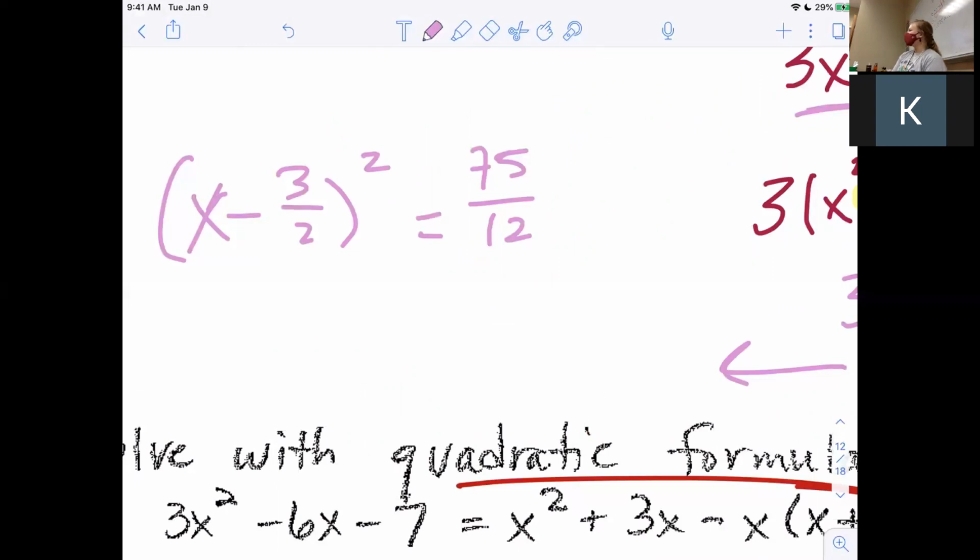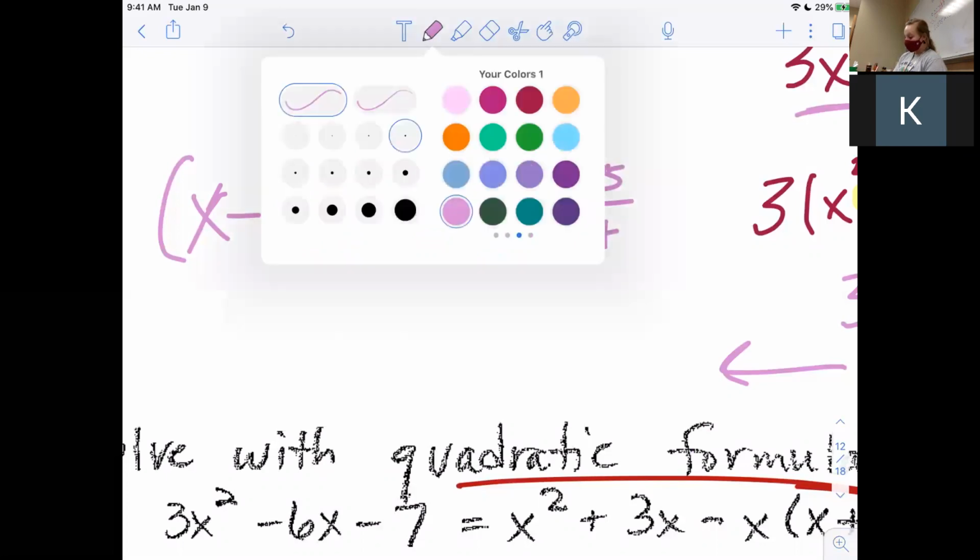That simplifies, right? What's a common term in there? I think just 3. Isn't 75 divided by 3 25? And 12 divided by 3 is 4. This is going to be helpful in our next step. Because now I'm about to square root both sides.